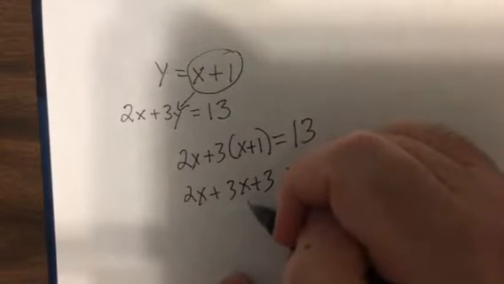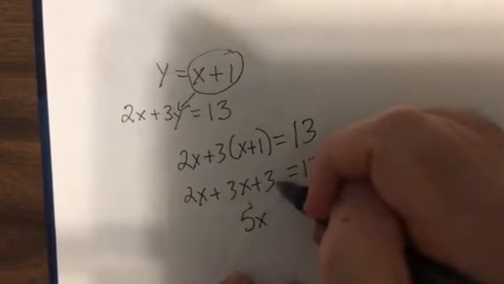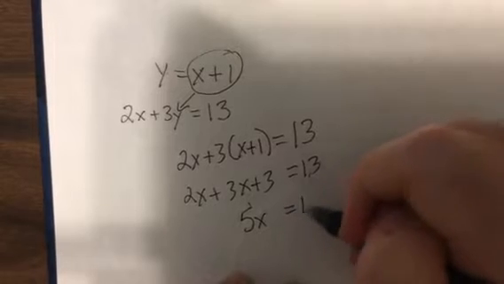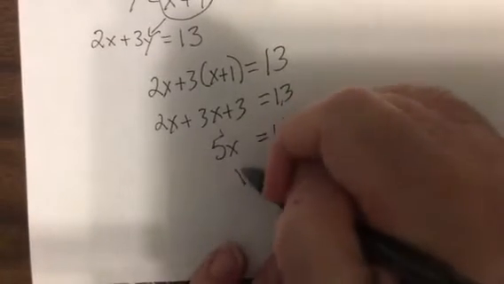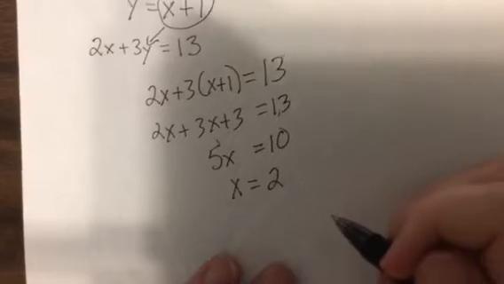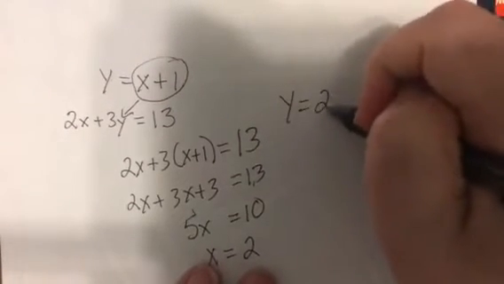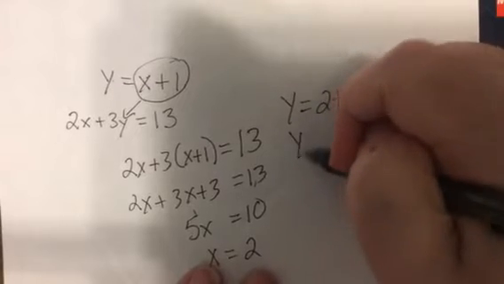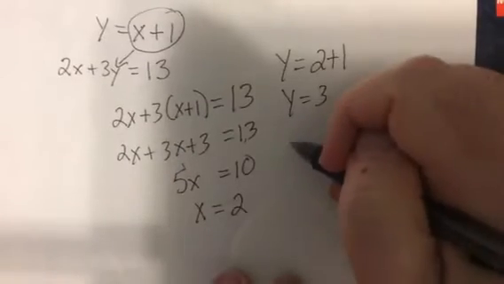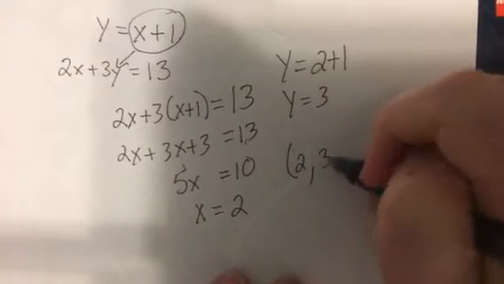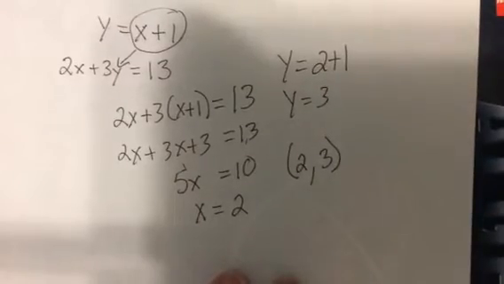Then this is 5x. Subtract the 3. So divide by 5, x is 2. So y equals 2 plus 1, so y is 3. So the answer is 2, 3. Woohoo!